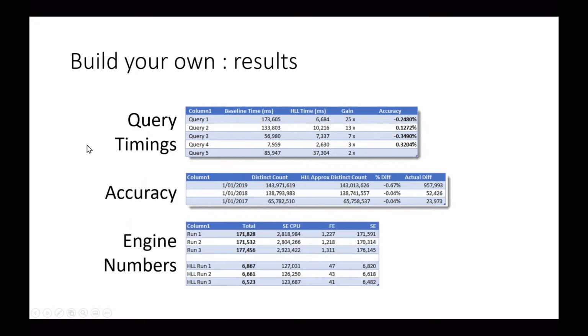So let's have a look at the memory profile. I performed this calculation 3 times, and the 173 seconds that the baseline took was an average of these 3 runs, which took anywhere from 171 seconds to 177 seconds. But when that ran, the storage engine was doing a huge amount of work.